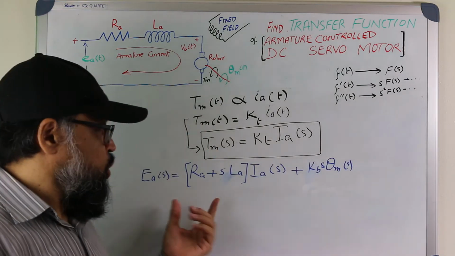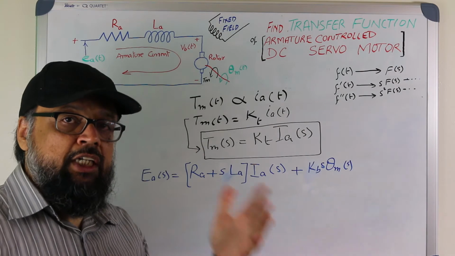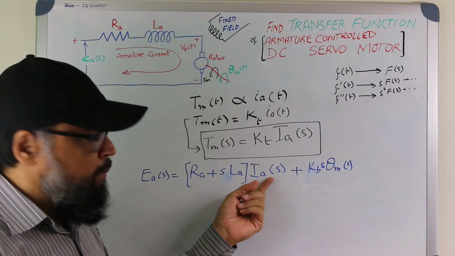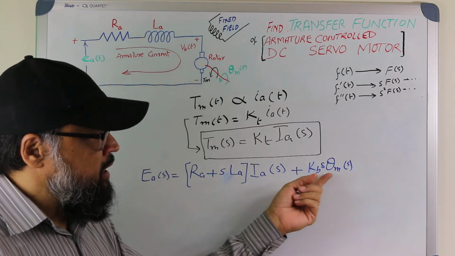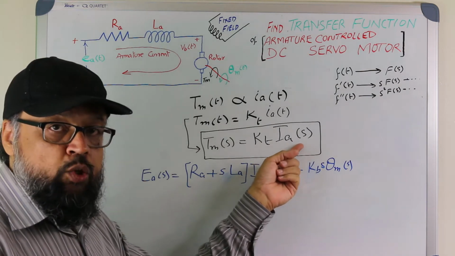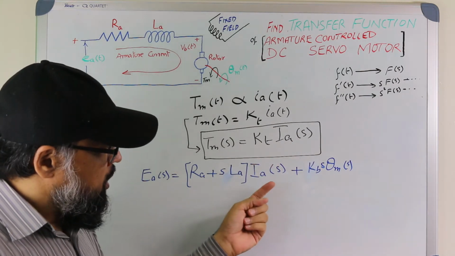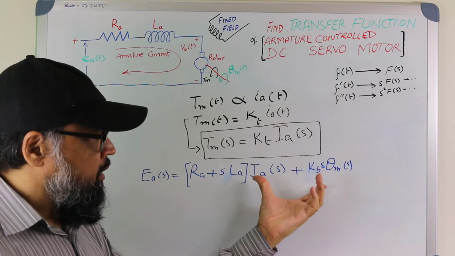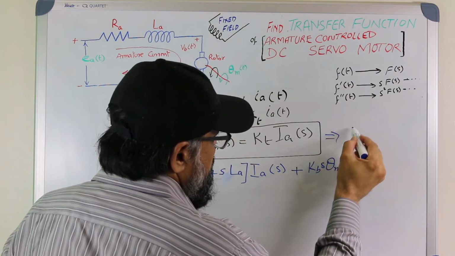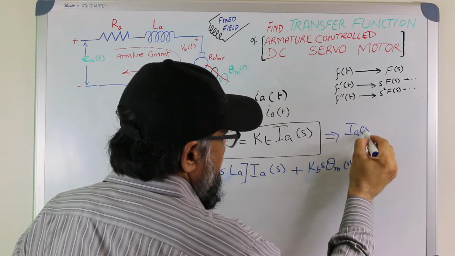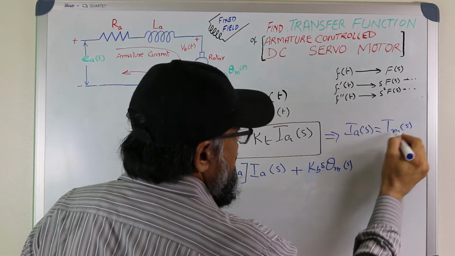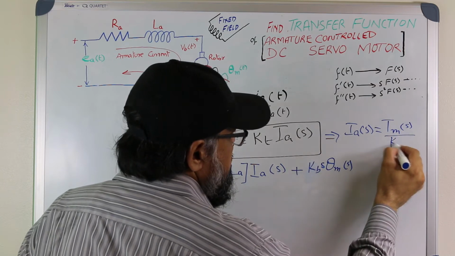So now we can put this formula in the equation which we got in the second step. This was our equation which we derived at step number 2: (Ra plus sLA) into the armature current in s domain plus Kb s theta M(s). And now we got the value of armature current in s domain from here. So if we put that value in this place, then this equation will change. So just put the value of Ia(s), which is equal to the torque divided by Kt.